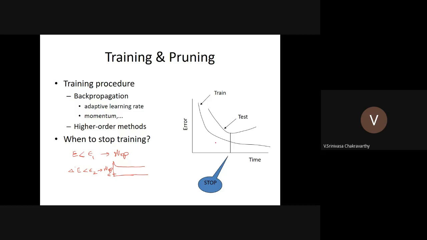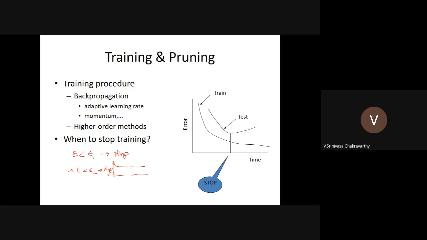For that, usually when you train, your training error, that is the error on the training data, keeps on going down because you are learning that data more and more with the network. But if you simultaneously take test data also and look at the performance on it, the test performance will be slightly worse than training performance because test data will be different than training data.